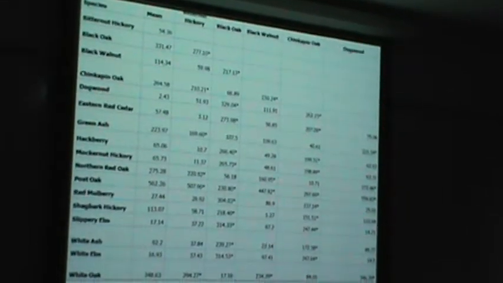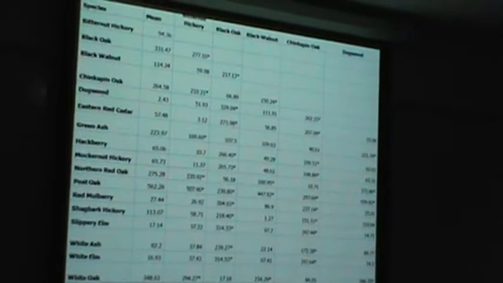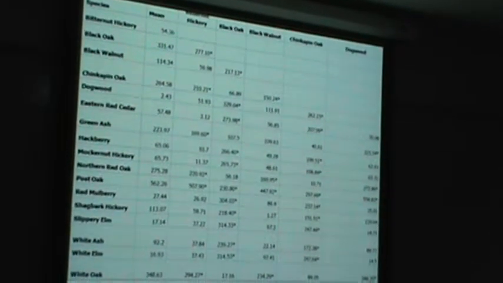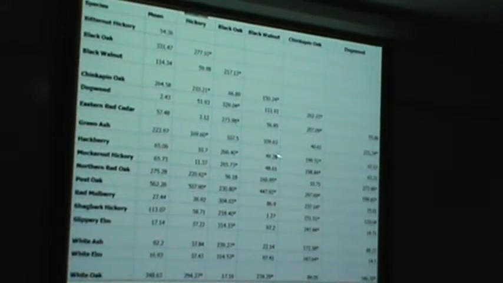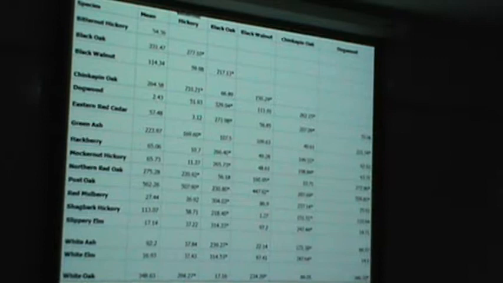And also for the analysis of variance, you see that the comparisons of means were significantly different. As for hackberry, this time for stem biomass, we see that hackberry is significantly different from black oak and chinkapin oak only.